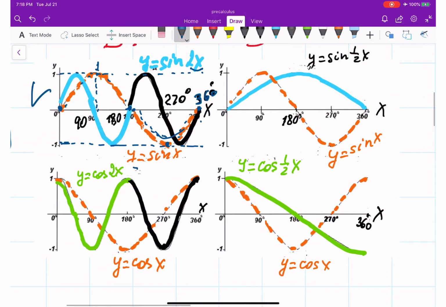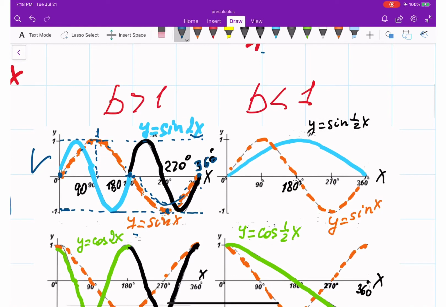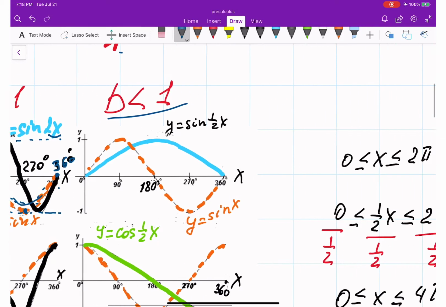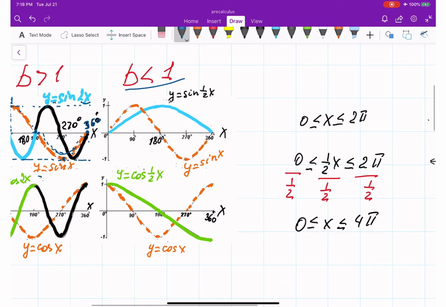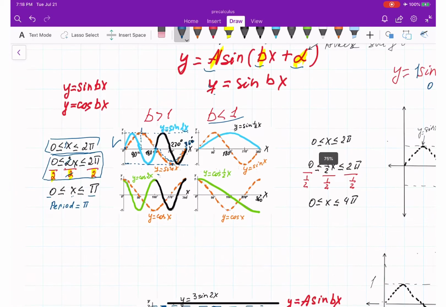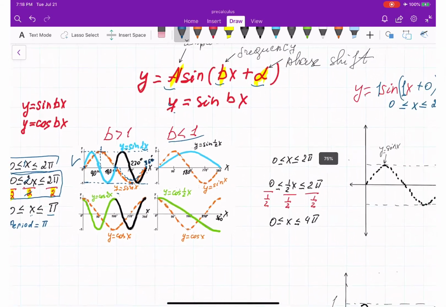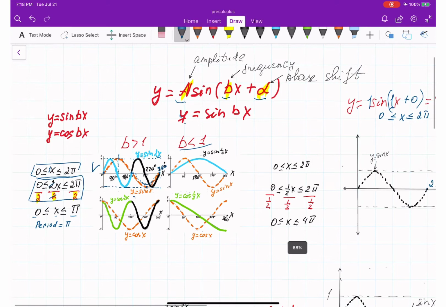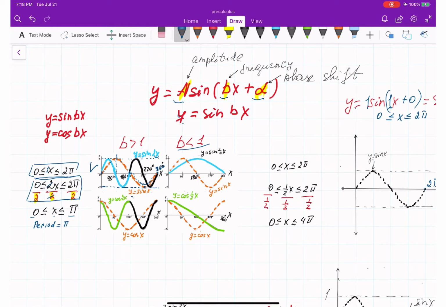Now let's look, what if we have b is less than 1? When we take sine half of x, so what do we get here? If for sine x, our x is greater equals 0, less equal to pi, then half of x, that is greater equals 0, less equal to pi, we divide by half.